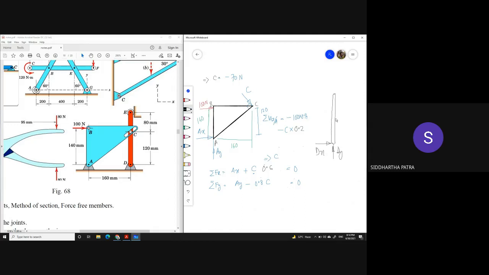At C, I would imagine the resultant force would be acting in the upward direction, which would mean that I'll show the individual components as Cy and Cx. Both would be negative because I have obtained C as a negative value, but I'll still show it like this. And of course, some ground reaction from E.